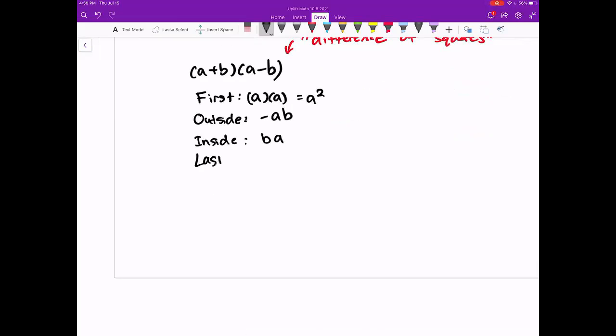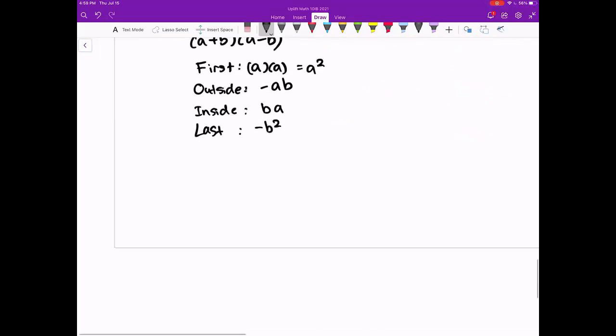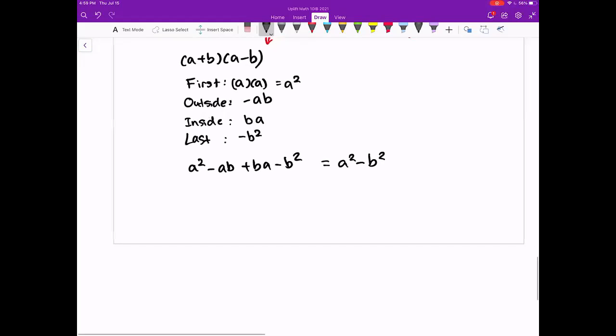And then for the last one, we have negative b squared. So when we write this out, we get a squared minus ab plus ba minus b squared. So yeah, we get a squared minus b squared.